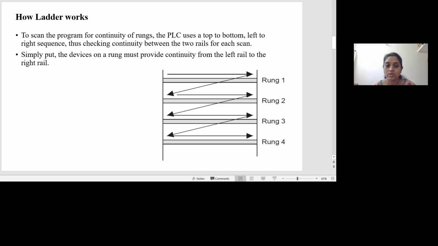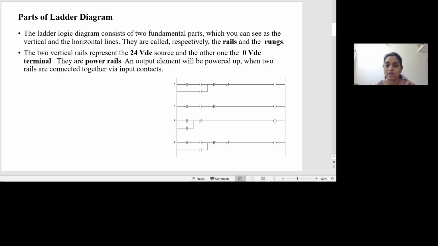Now, how this ladder works: here you could see there are a number of rungs, rung 1, 2, 3, and 4. Among these four rungs, which one will the ladder give preference to, and which one is executed first? In what order will these rungs be executed?